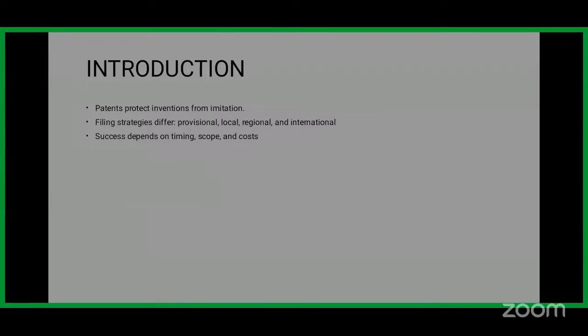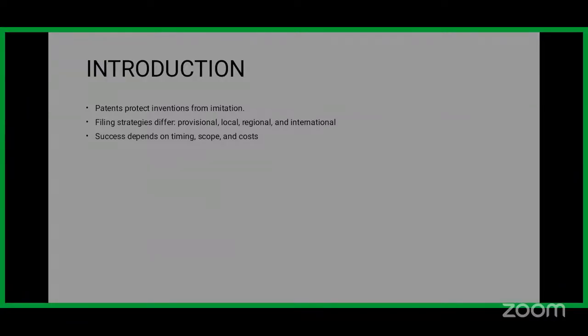By way of introduction, the topic is centered on exploring the concept of provisional patent application, and also exploring the different routes for filing a patent application. For example, the national or local route, the regional route, the international route, and we are also going to be looking at priority dates.